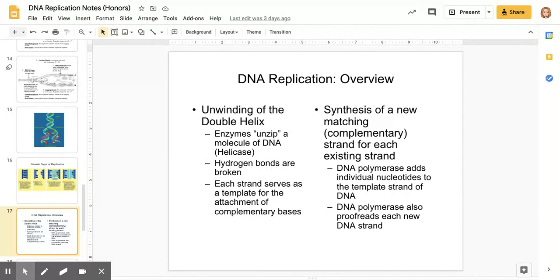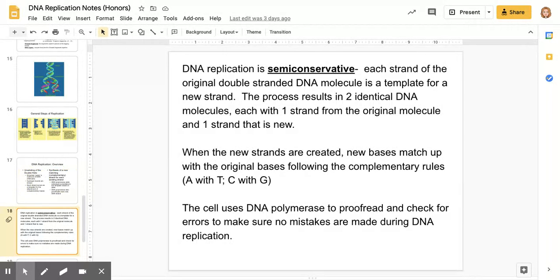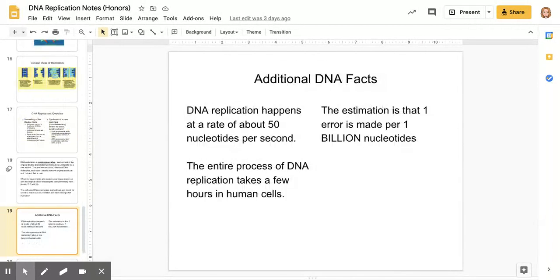Also, interestingly, DNA polymerase proofreads and makes sure there are no mistakes made. So we say that replication is semi-conservative in that the original strand of DNA is actually used or conserved in the new strands that are created. And these complementary base pairing rules allow the resulting two DNA strands to be identical.